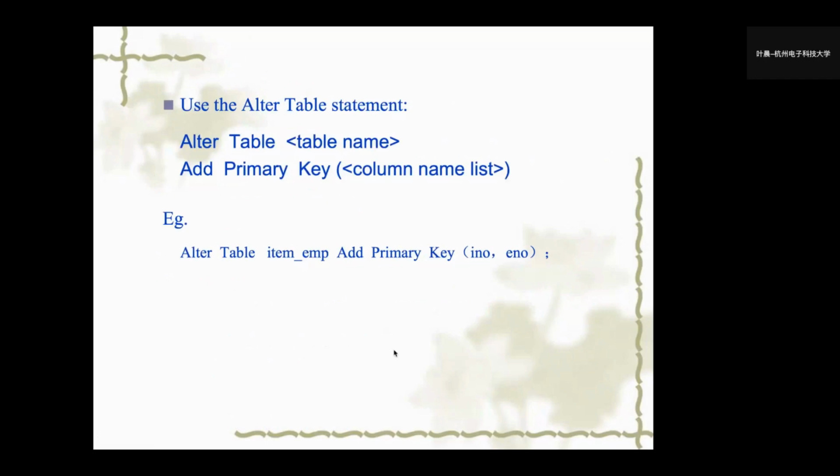And there is also a solution if you don't want to create a primary key during the CREATE TABLE process: you can use the ALTER TABLE statement. You write ALTER TABLE, the table name, and then ADD PRIMARY KEY, and then the column name list here.